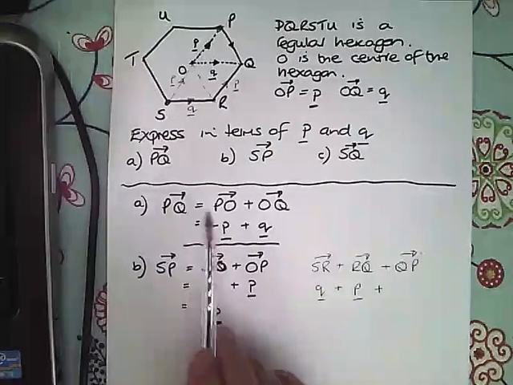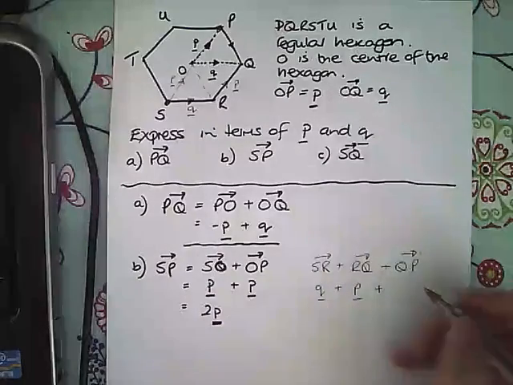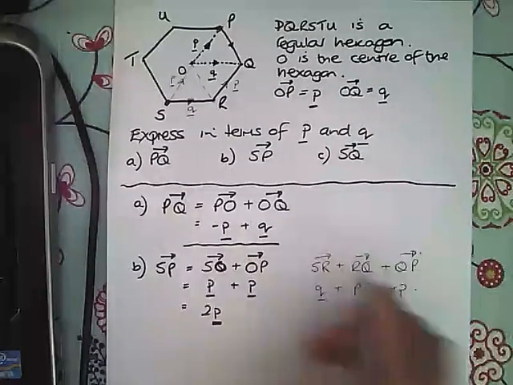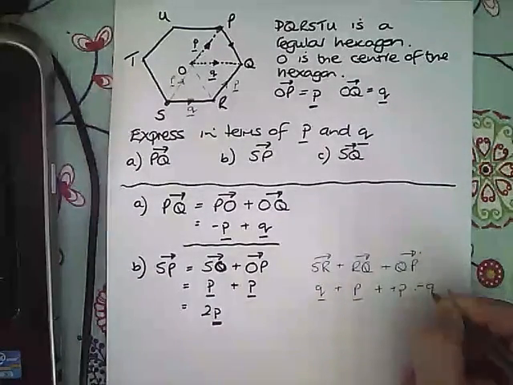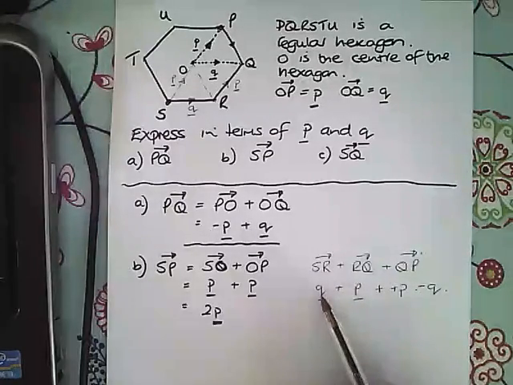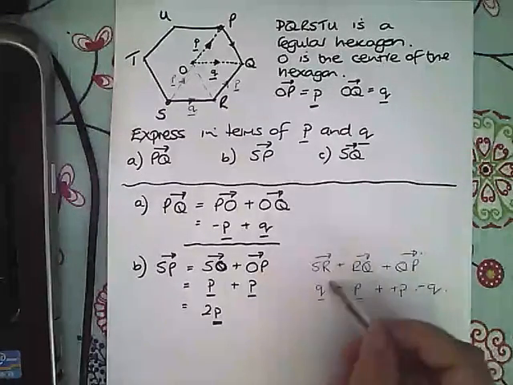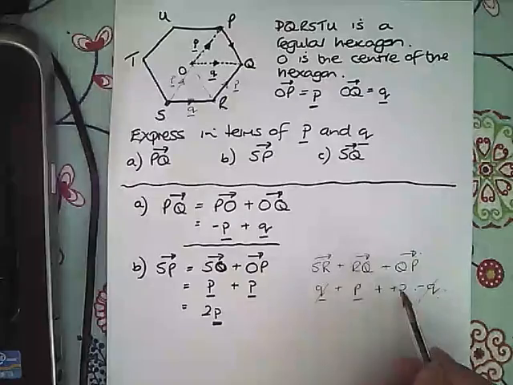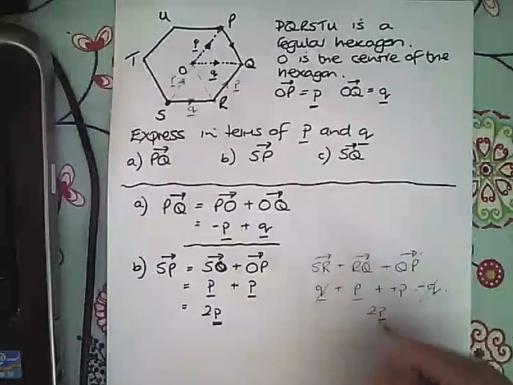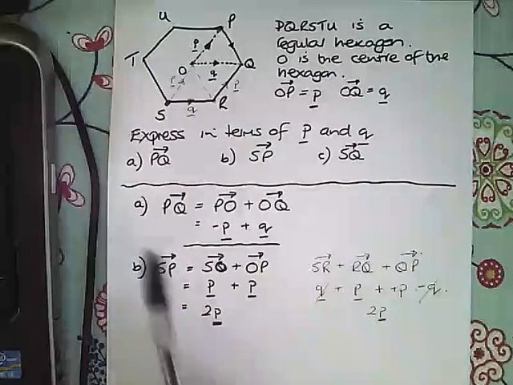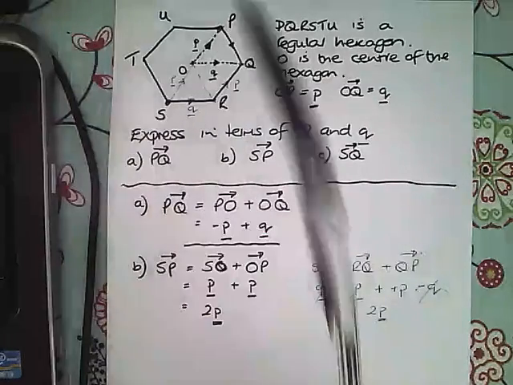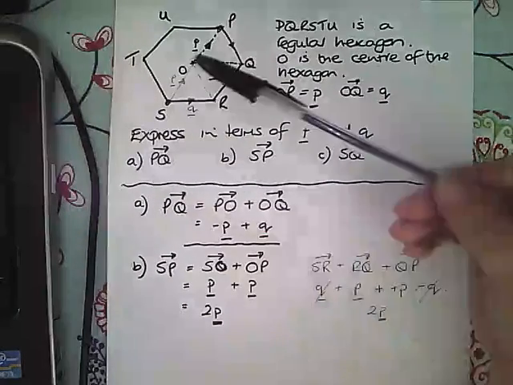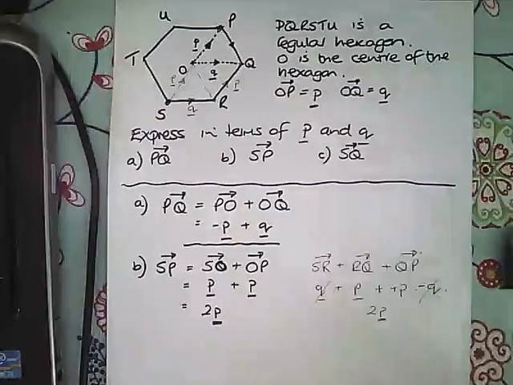QP is the wrong way along, so this would be the opposite, so that would be plus a P and that would be minus a Q. Q, take away Q, they cancel one another out, and then I've got a P plus a P, which is 2P. So you can see that even if I went the long way around, I would still get the same answer as if I used some of my knowledge about hexagons.